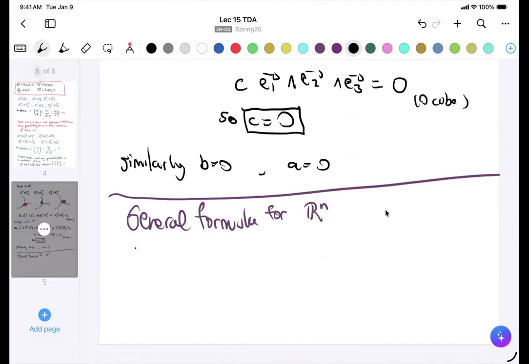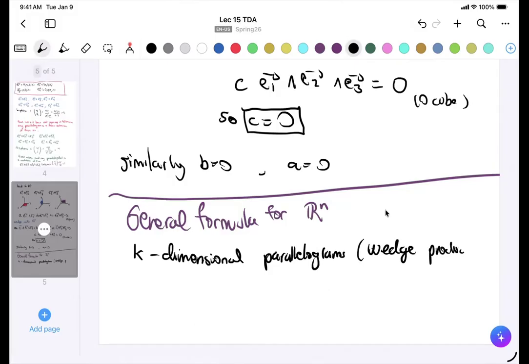You look at the k-dimensional parallelograms, meaning the ones that are a wedge product of k vectors. These make a vector space of dimension n choose k.